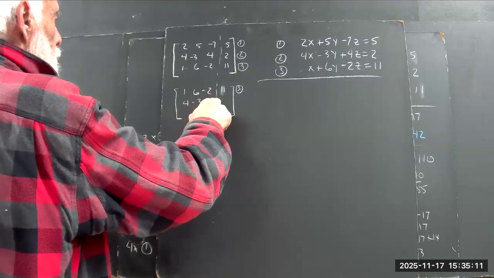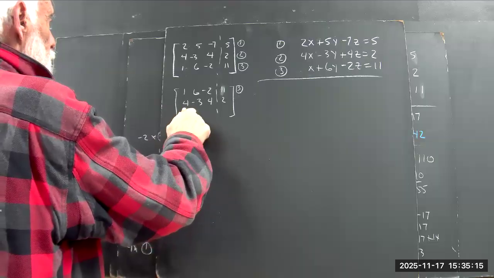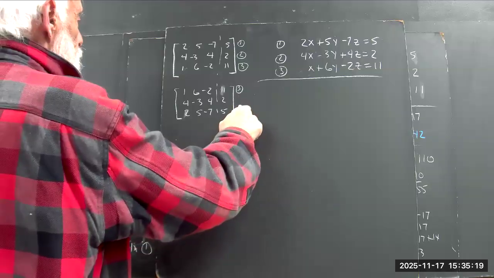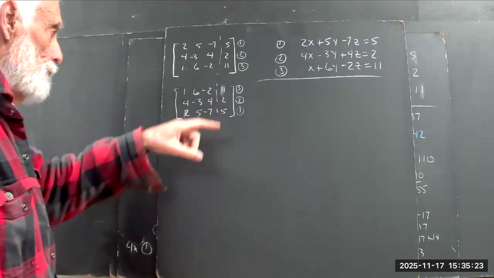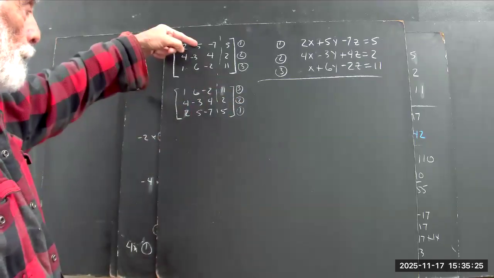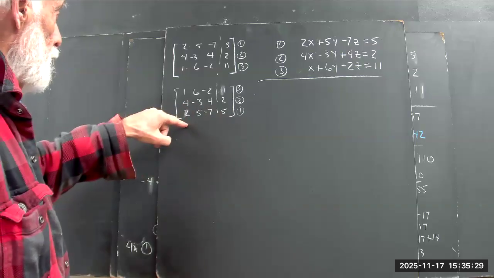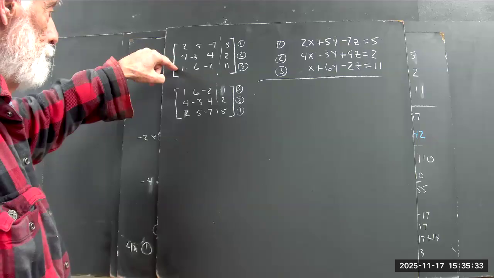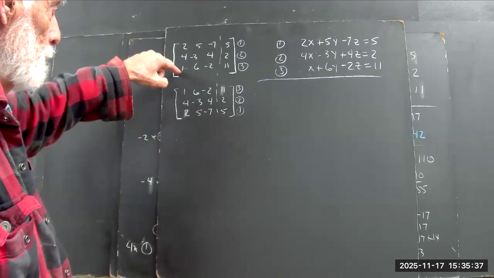I won't write the wrong number. And then we have this row, which is row 3 from the previous matrix. Row 2 is the same. Row 1 is the old row 3. Row 3 is the old row 1.